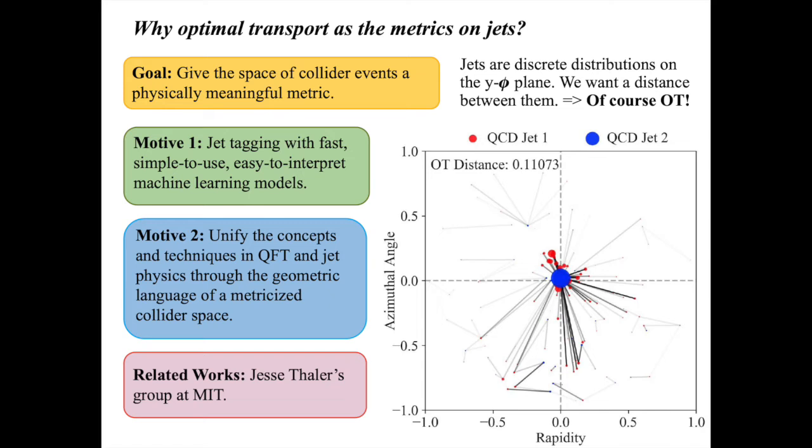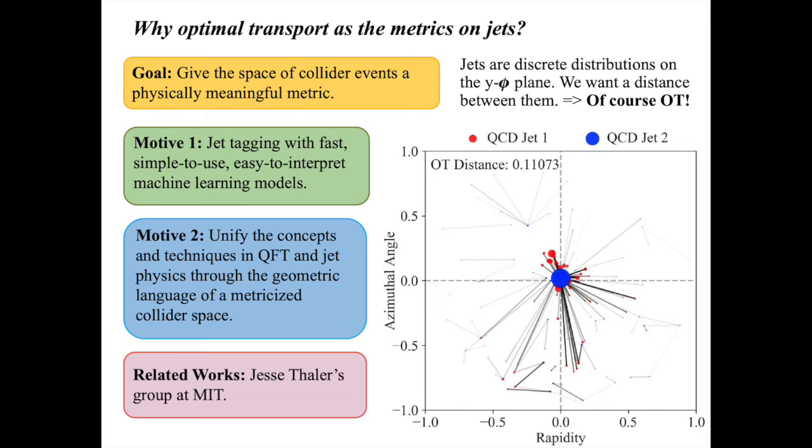I'd like to emphasize that the choice of this ground space and the mass is purely problem specific, and indeed, it encodes the essential physics that we input into the problem. So here for the jets, we choose the ground space to be the eta-phi plane, the ground metric to be the Euclidean distance on this plane, taking care of the periodicity on the phi axis. And we choose the mass to be the particle pT.